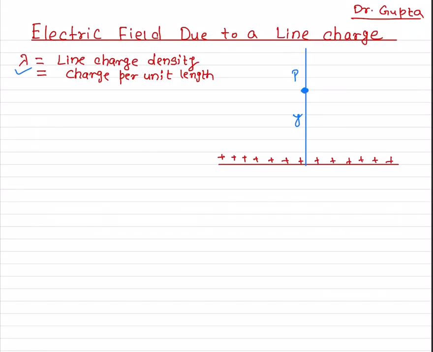In order to solve this one, we're going to assume a very tiny charge on the wire. So here we have assumed a very tiny charge dq, and the length of this one is dx.